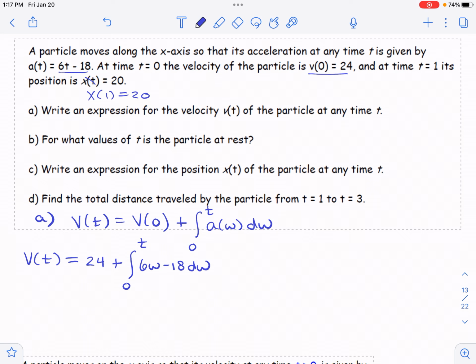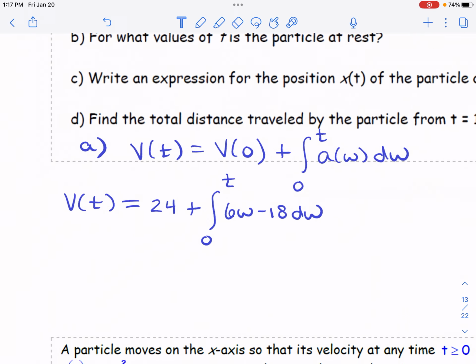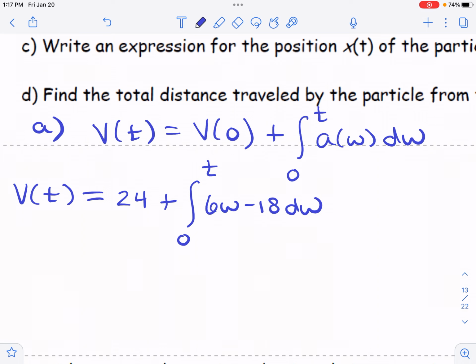And by that I mean I'm actually going to find a closed form for my velocity, because this antiderivative can be done using the fundamental theorem. So I'm just going to clean this up a little bit. This is equal to 24 plus an antiderivative of 6w minus 18, which is 3w squared minus 18w evaluated from 0 to t, which is 24 plus 3t squared minus 18t, plugging in the upper limit of integration there.